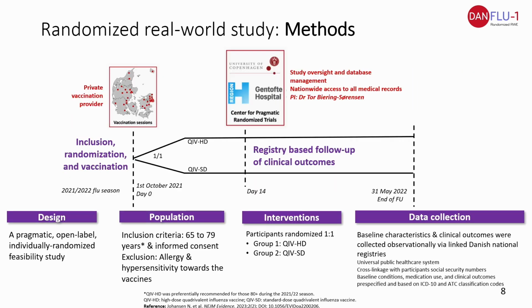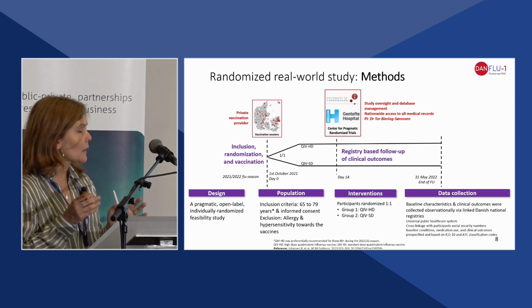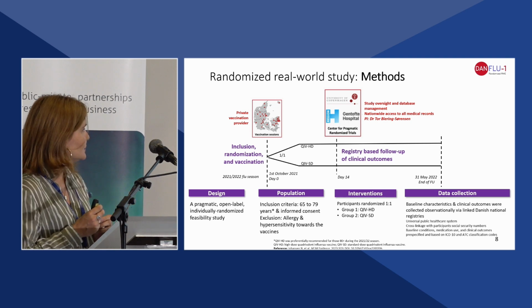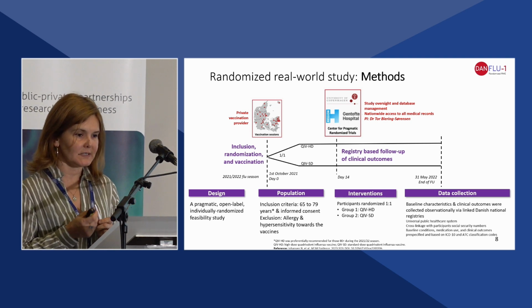So how did we do it? During the 2021-22 season, the inclusion, randomization, and vaccination were done by a private vaccination provider. It's a pragmatic, open-label, individually randomized feasibility study.